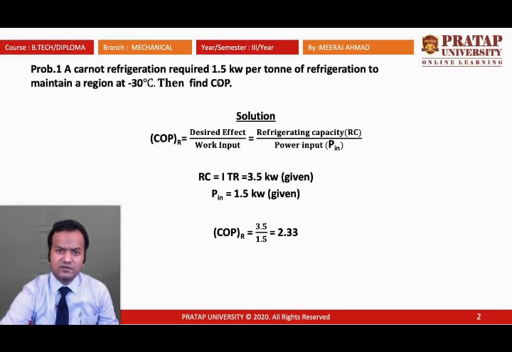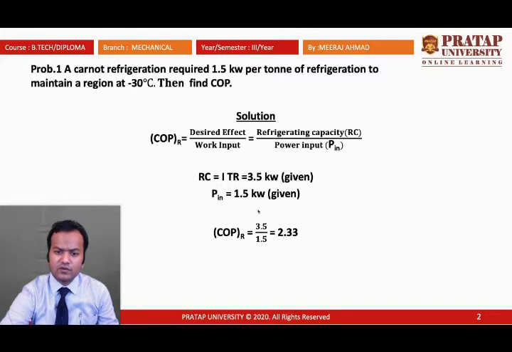In the question itself, the power input is given and the refrigerating effect RC is also given. So RC is equal to 1 ton, and 1 ton is equal to 3.5 kilowatt. For 1 ton of refrigeration, 1.5 kilowatt of power is required to run the refrigerator, so the power input is 1.5 kilowatt.